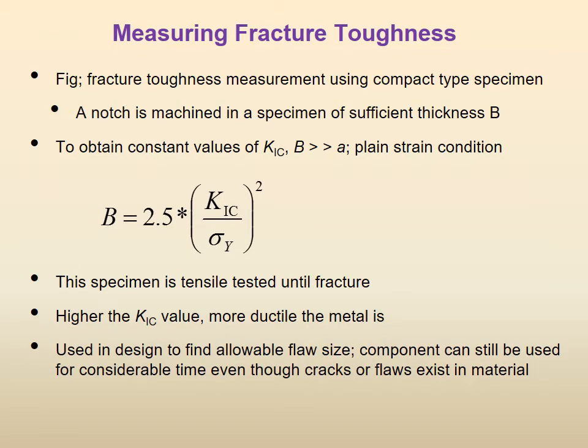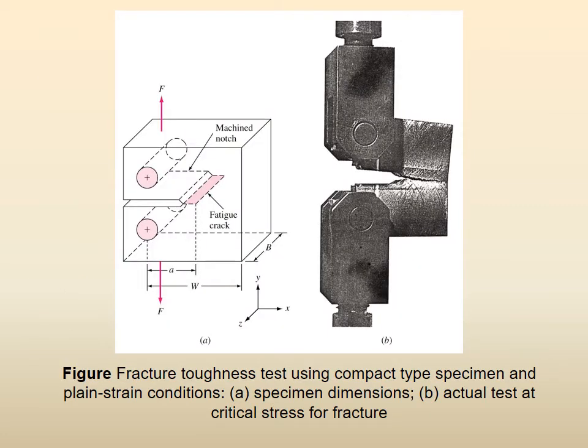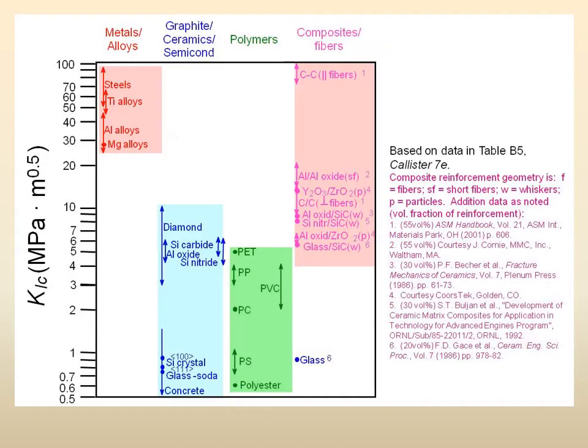Measuring of fracture toughness, and especially mentioning the thickness of the material, capital B, which should be a minimum value to make certain that the test is conducted under plane strain conditions. Showing you the compact specimen and the way it is broken during the standard fracture toughness test.